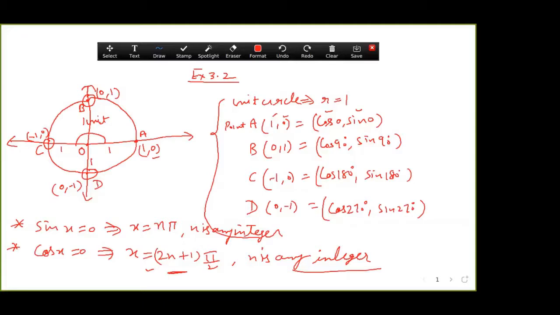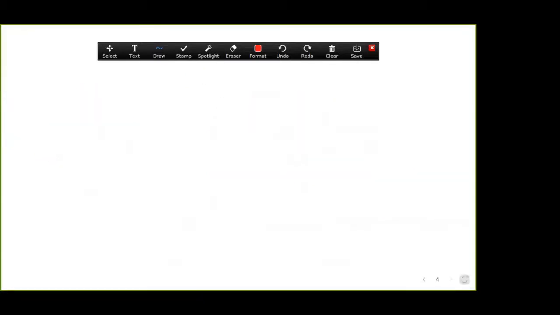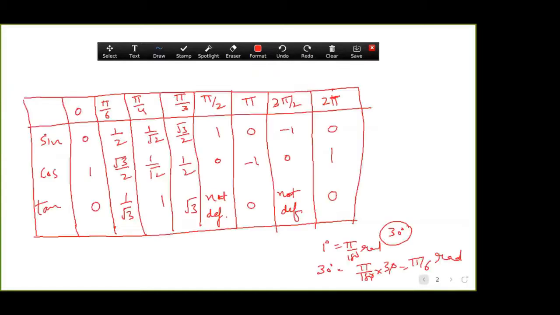Now, if you remember the values we learned in class 10, the values up to 90: 0, 30, 45, 60, and 90. The process was what?